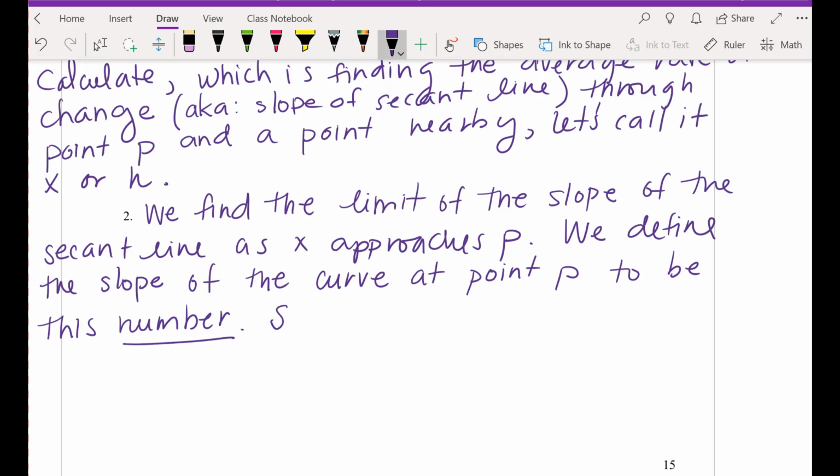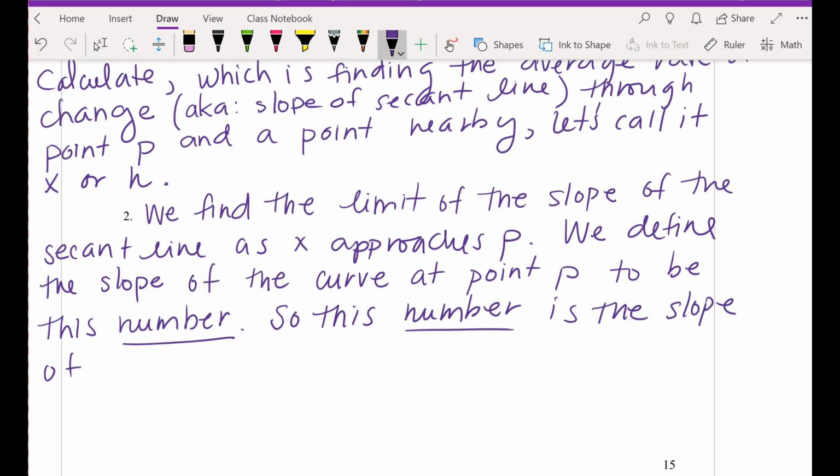Okay. So this number, the number that we found using this limit, is the slope of the tangent line at point P. And this is where we are going to stop for today.